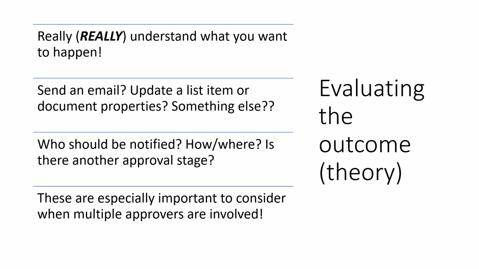Maybe it's a project approval, and part of that is generating a new team for the people who are going to be working on that project. So think about what's going to happen when that approval is done. More importantly, when it's approved, because there are likely going to be other processes that need to happen.